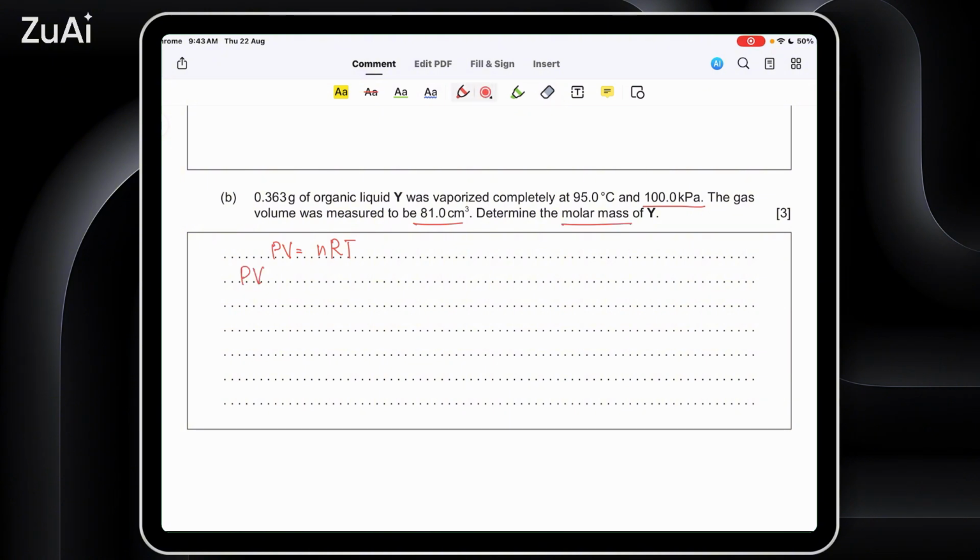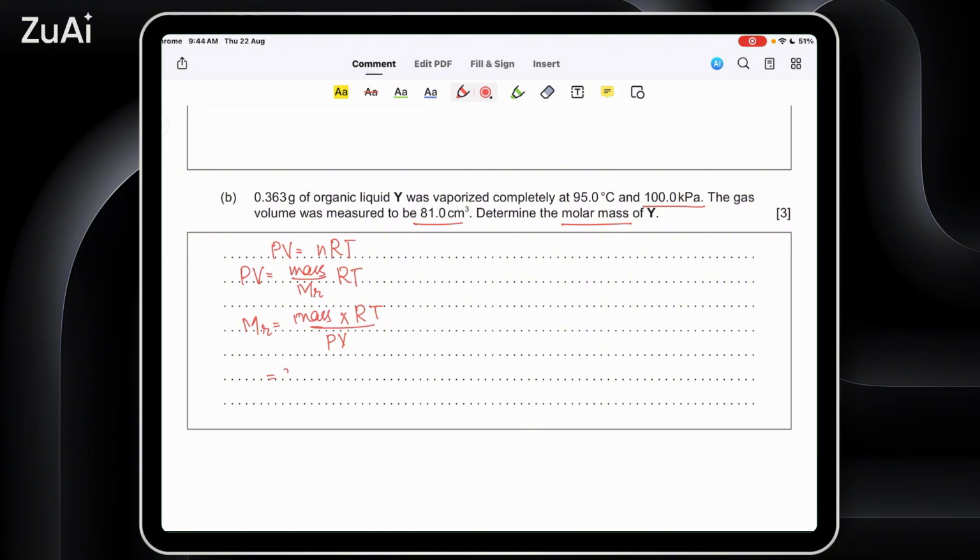So PV is equal to mass over molar mass times RT. So molar mass will be equal to mass times RT divided by PV. That's the expression.